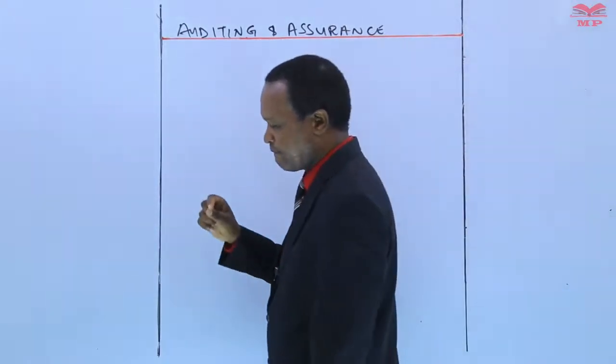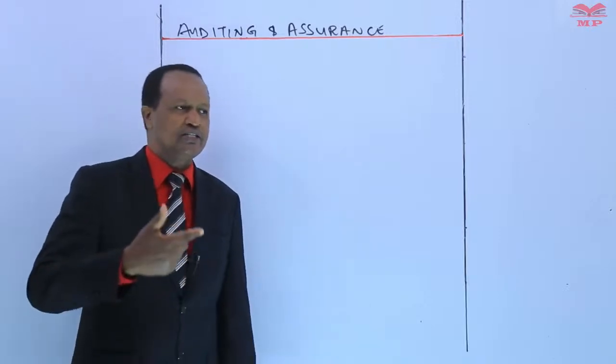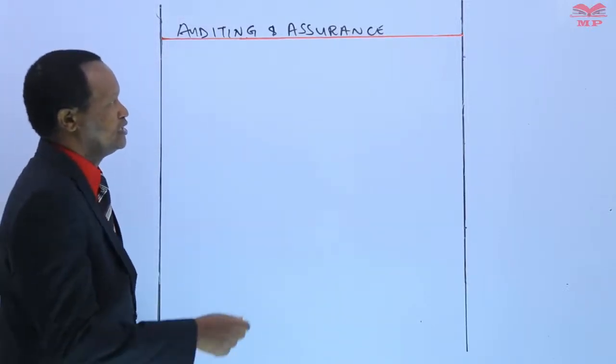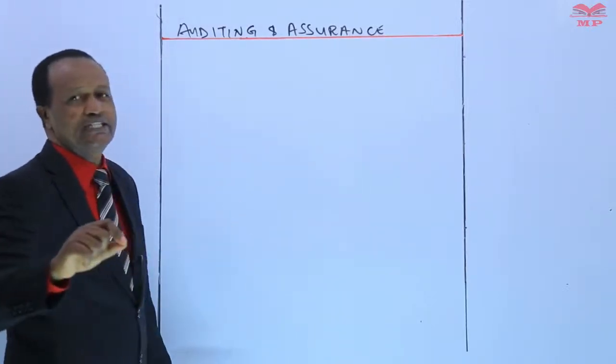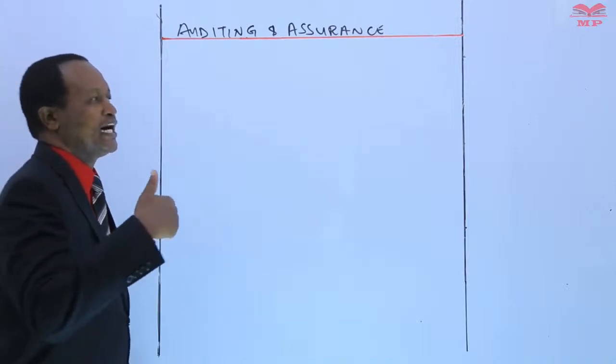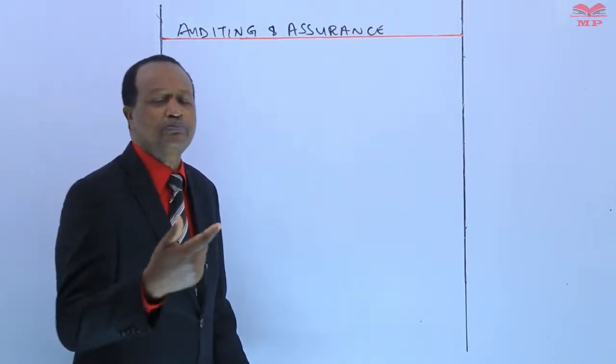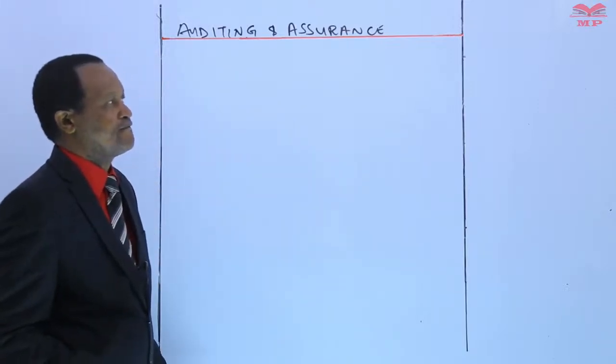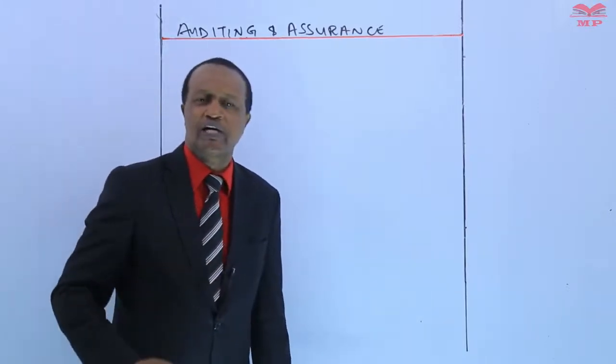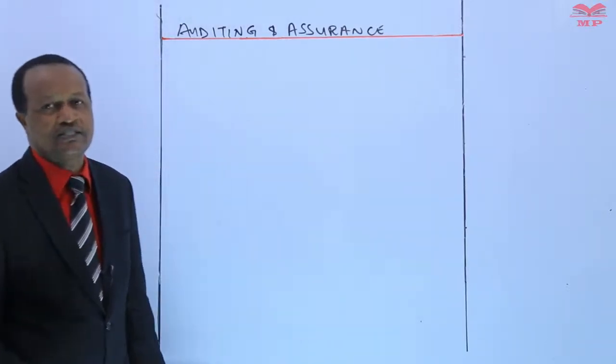In accounting, accountants are required to prepare financial statements based on certain standards we are referring to as accounting standards, like the International Financial Reporting Standards, like the International Accounting Standards.